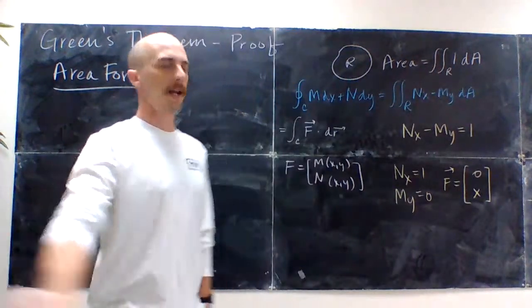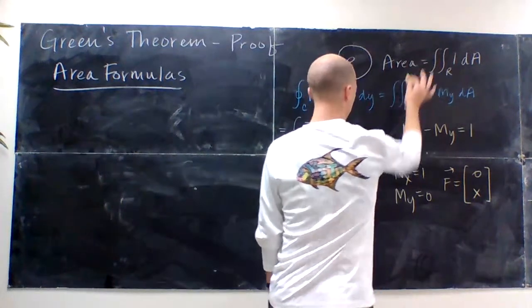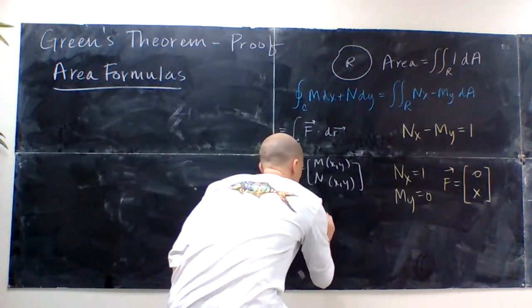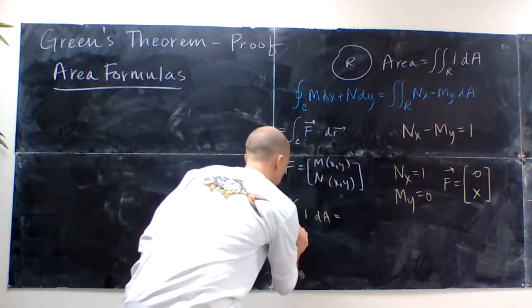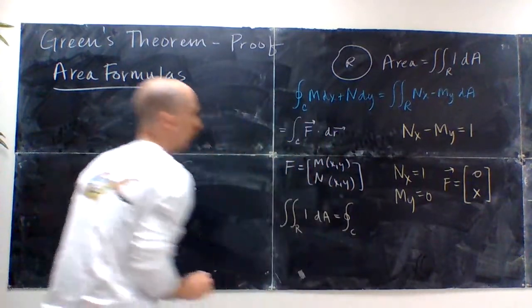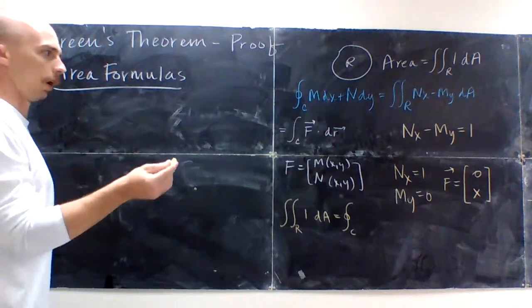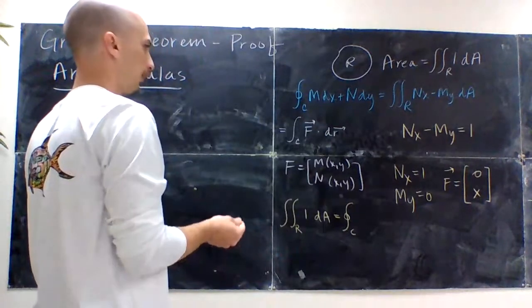And that would mean that according to Green's theorem, this integral of 1 dA over region R is going to be equal to the integral over closed curve C of f dotted with dr. Well, dr is dx and dy in this case.